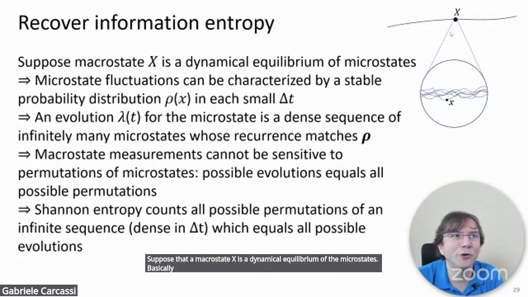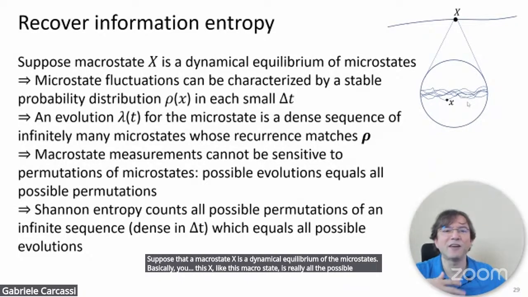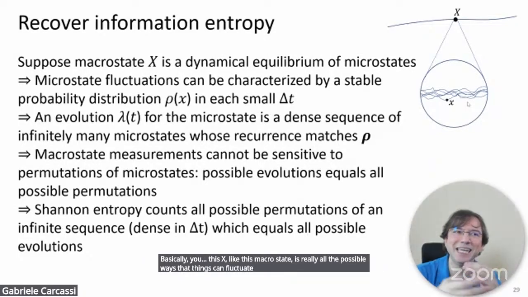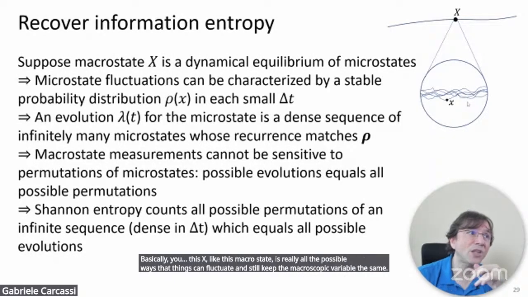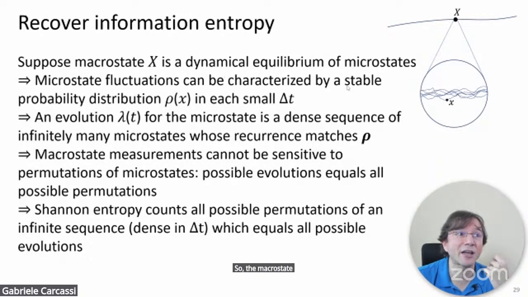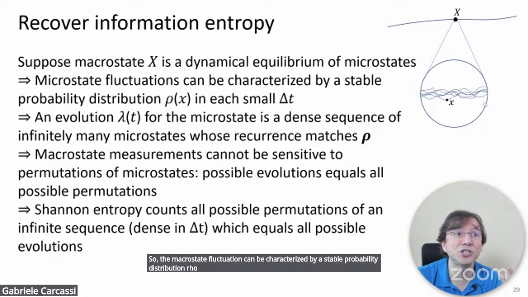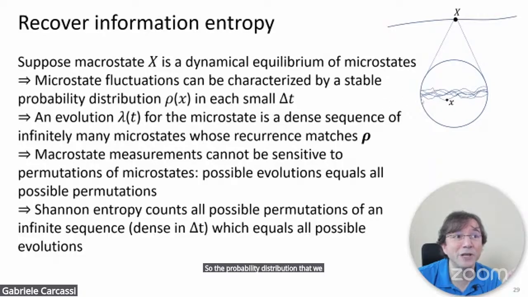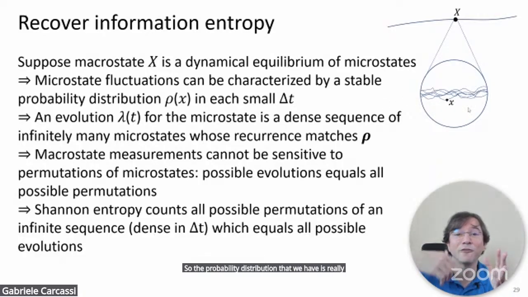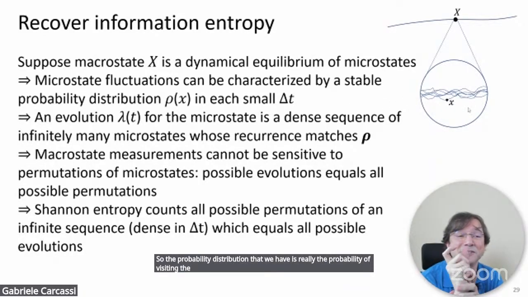Basically, this macrostate is really all the possible ways that things can fluctuate and still keep the macroscopic variable the same. So the macrostate fluctuation can be characterized by a stable probability distribution rho of X in each small delta t. So the probability distribution that we have is really the probability of visiting the state in this small delta t.